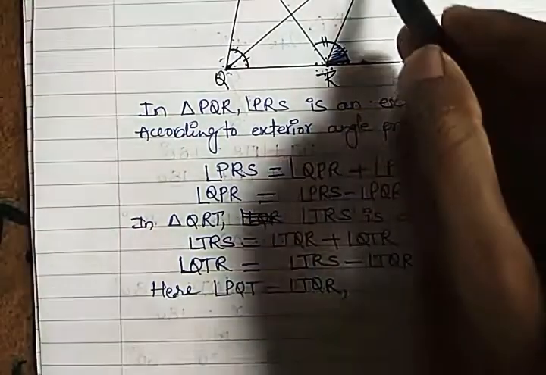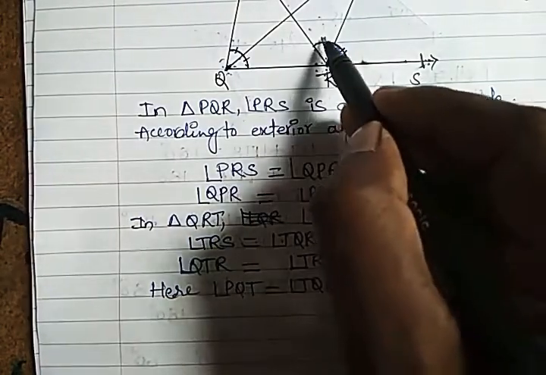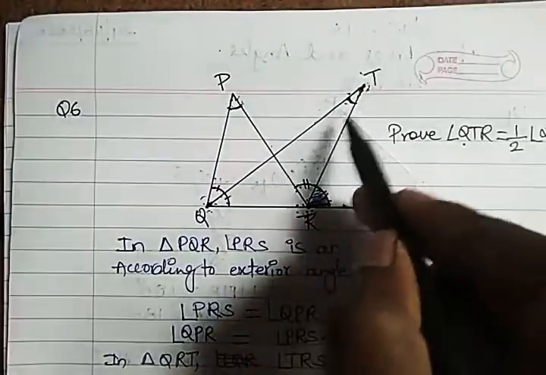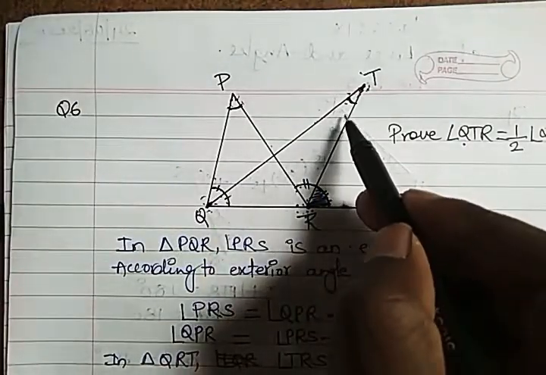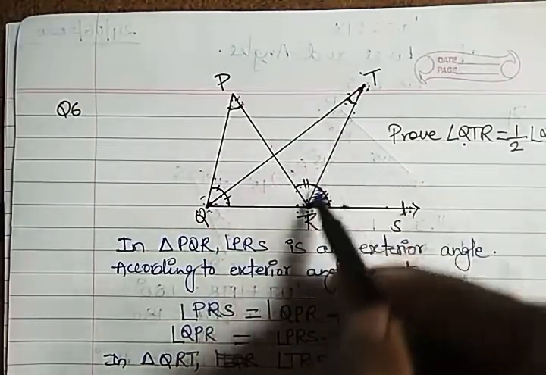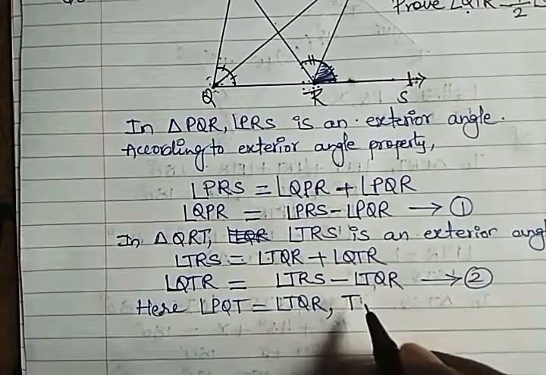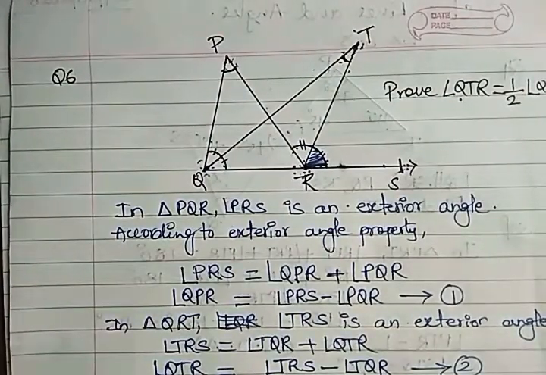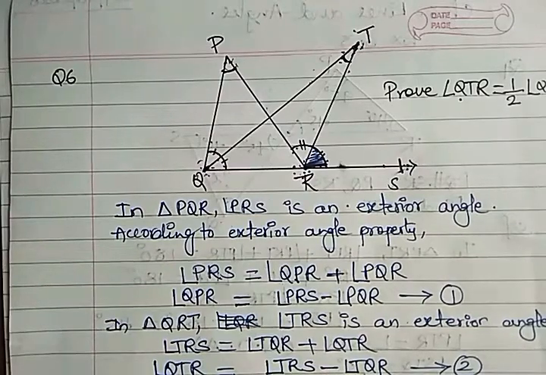After that, these two angles are also bisected. So we can write angle PRT is equal to TRS. TRS angle is equal to PRT. These two are also equal.